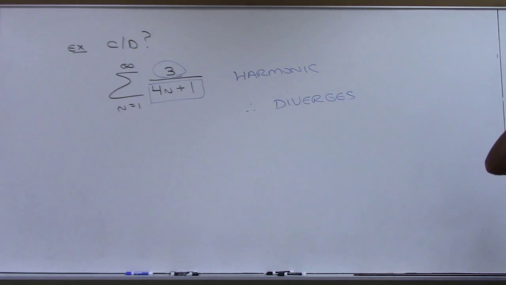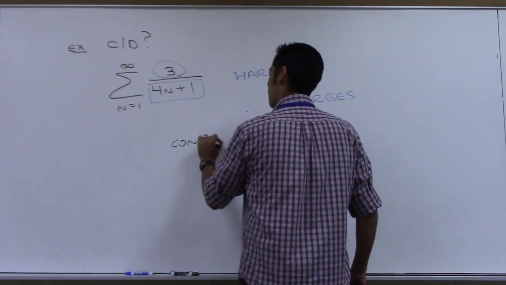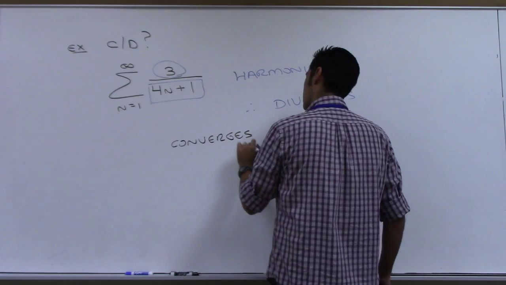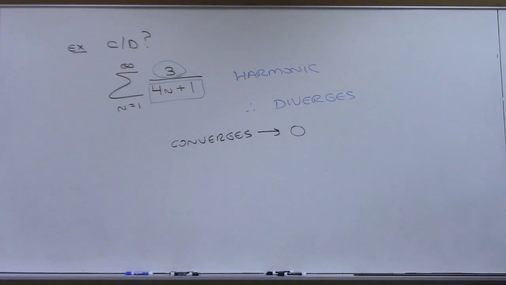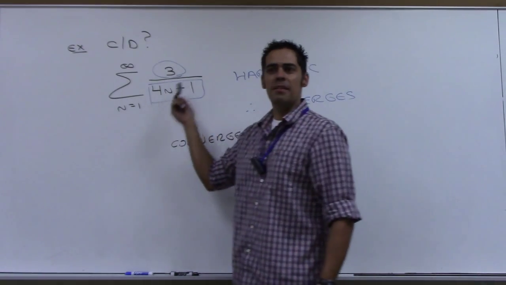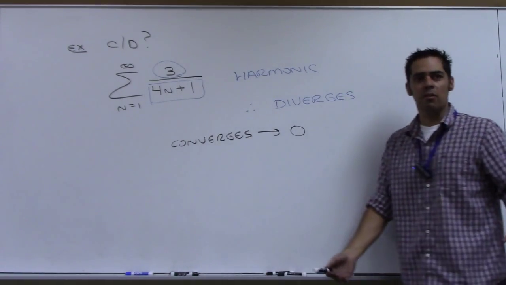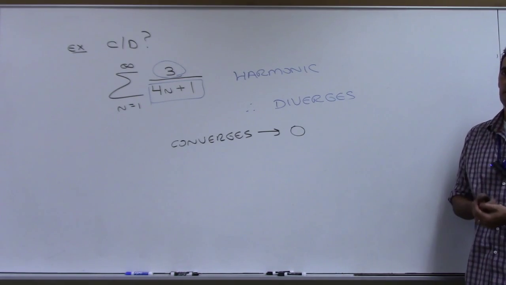Here's what a student will do on a test: they'll tell me for some reason that this converges to 0. What did they do? They took the limit as n went to infinity and found that the sequence goes to 0, which I completely agree with, but that doesn't mean the series goes to 0.